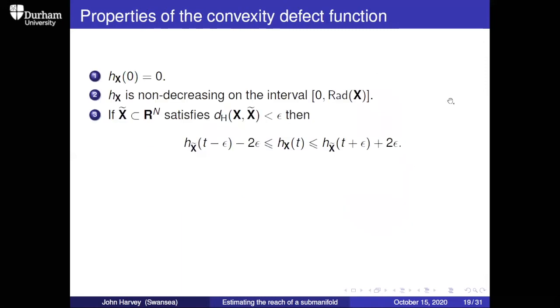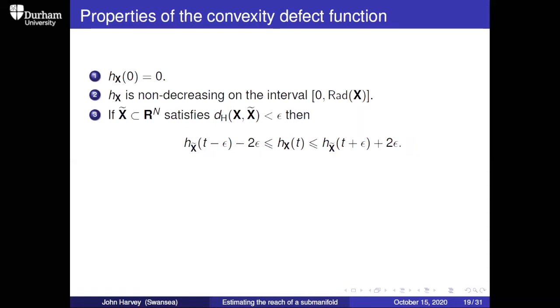So what sort of properties does this have? Well, if you looked at balls of radius 0, nothing would happen, so this convexity defect function starts at 0. The bigger you make the balls, the more sets you're considering, so the bigger the convex hull gets. As you increase t, you will increase the distance from the convex hull to the submanifold.